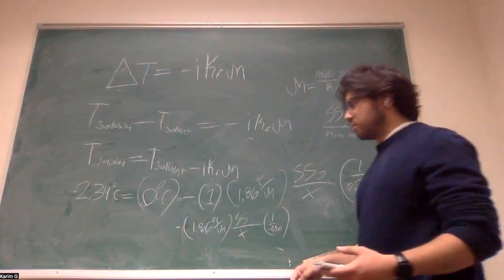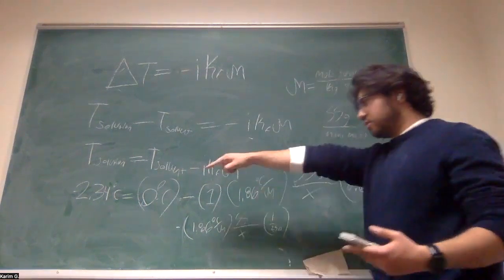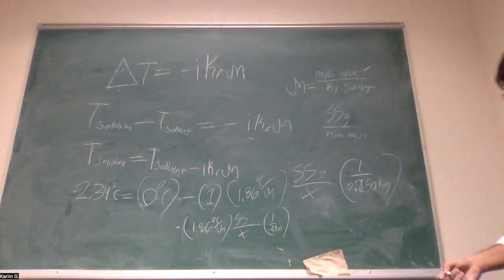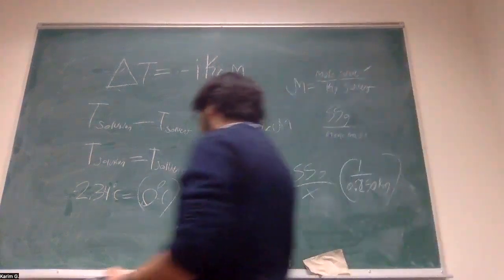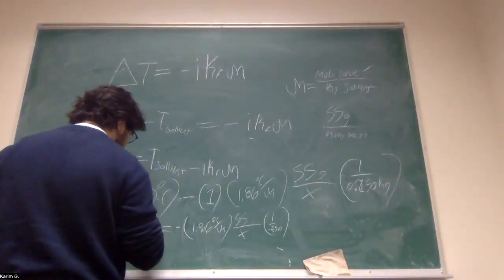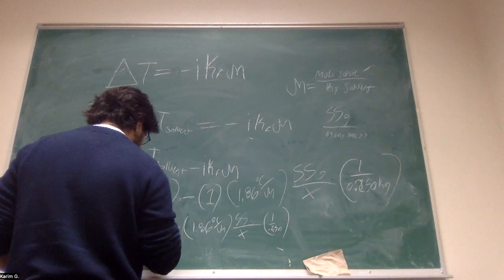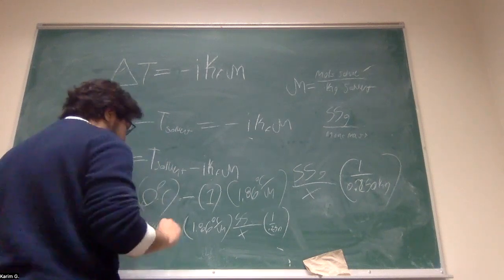And then this is equal to negative 2.34. So we have to move X.